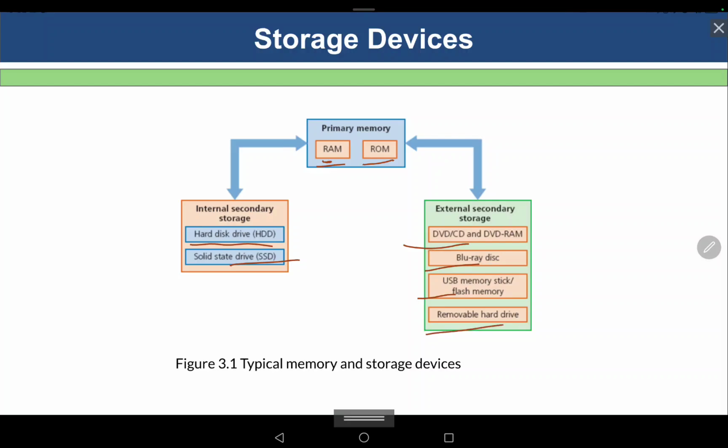These are external secondary storage devices. Each one serves a different purpose. Some are for fast temporary storage, while others are for long-term data storage. As we go through this lesson, you'll be able to categorize them and understand which ones are best for each task.